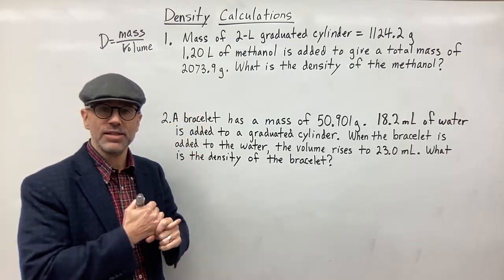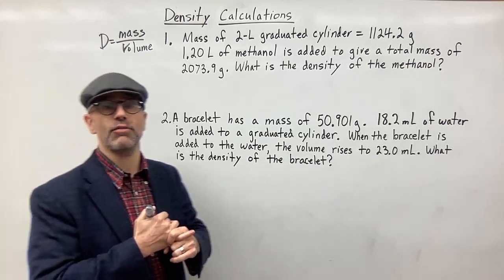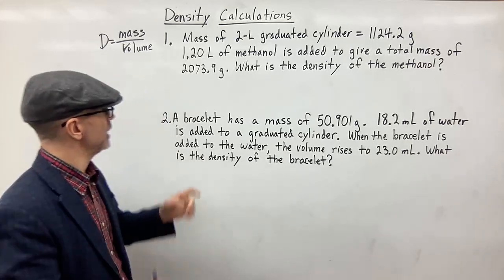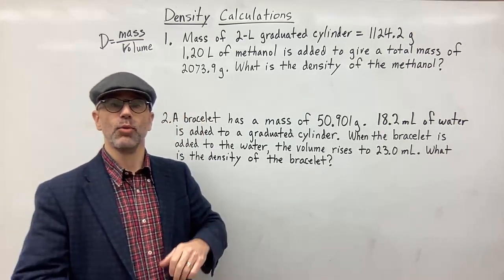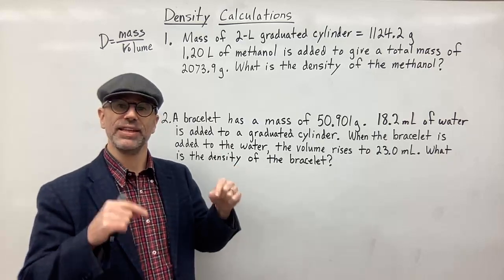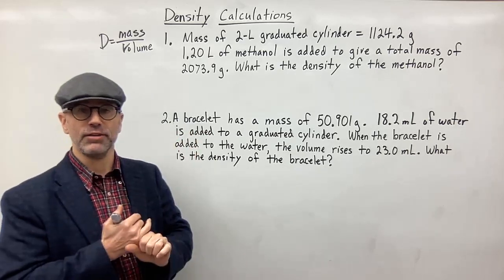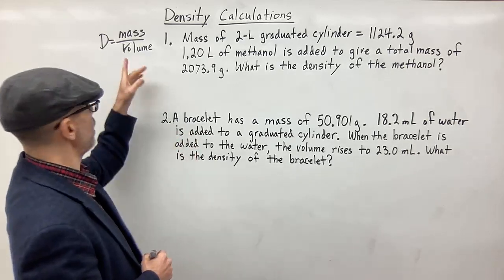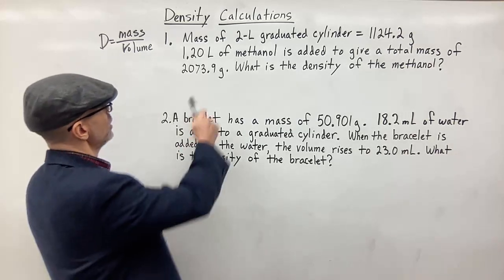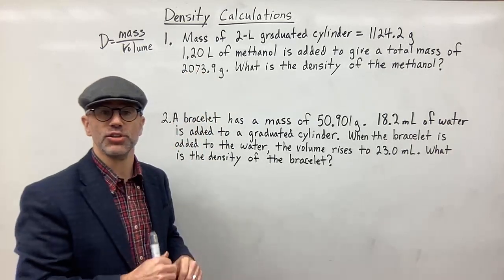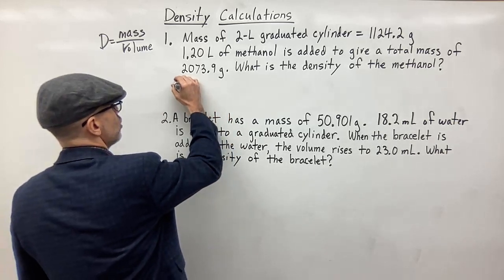The mass of the graduated cylinder plus the mass of the methanol in it is 2,073.9 grams. They want to know, what is the density of the methanol in the graduated cylinder? So we need to find the mass and the volume, and then we could just divide. What's the volume? They gave us the volume, 1.20 liters.